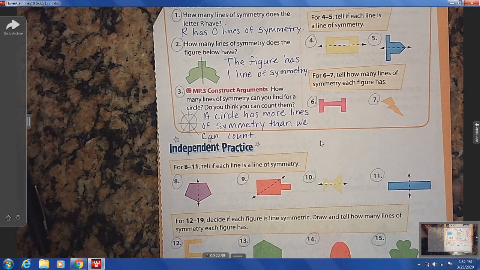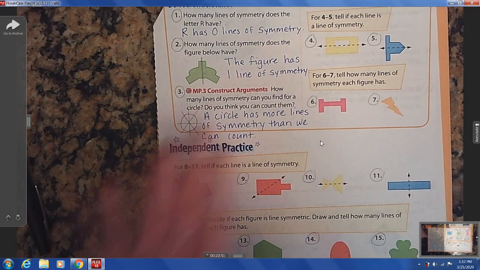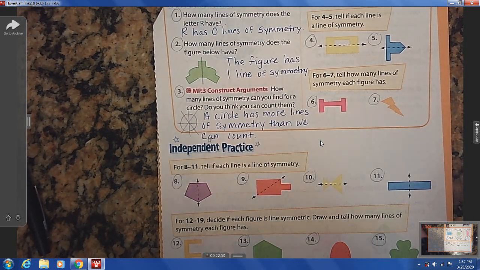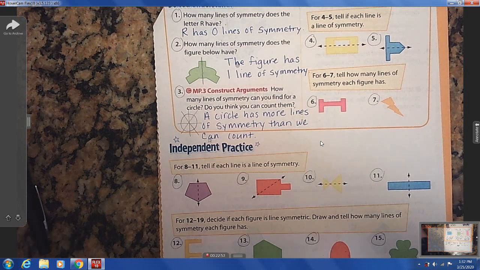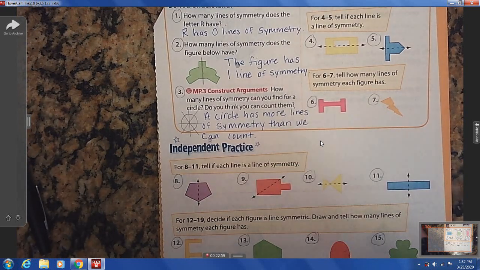And we don't have to write because this and that. They don't give us that much space. A circle has more lines of symmetry than we can count because you could fold it across different lines of symmetry in an endless amount of ways.